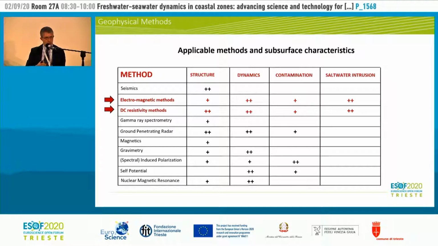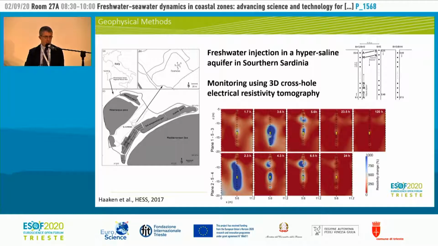And they can be basically classified in two groups. One is electromagnetic methods, which is generally electromagnetic induction methods. And the other is DC resistivity methods. So methods based on galvanic contact with the ground and with tomographic approaches. Let me show you some examples.